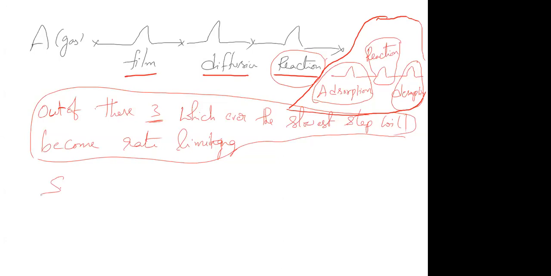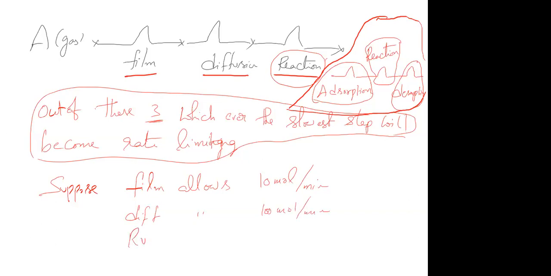Suppose the film allows 10 moles per minute, diffusion allows 100 moles per minute.